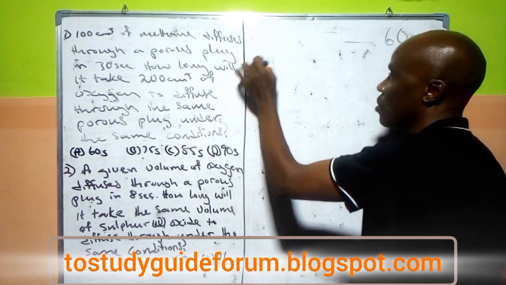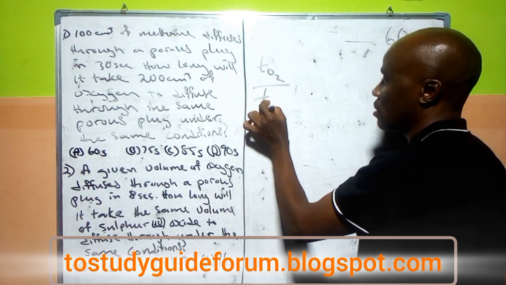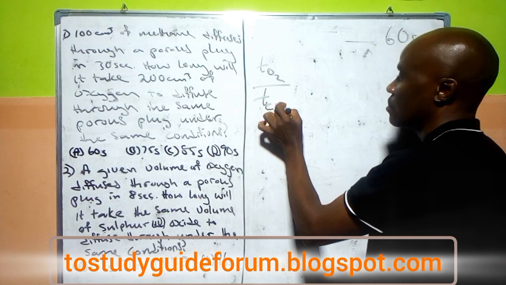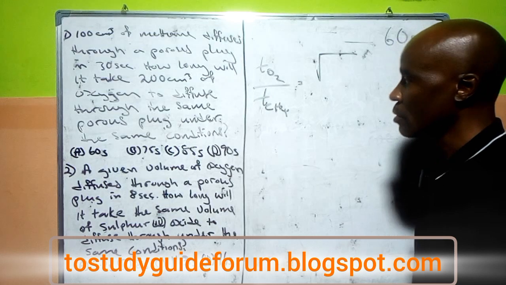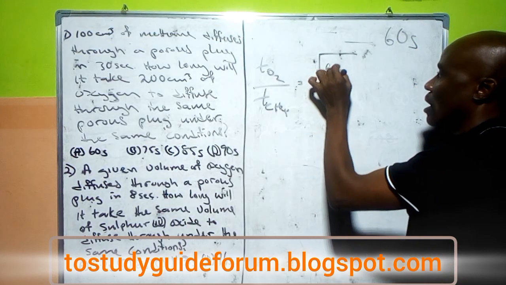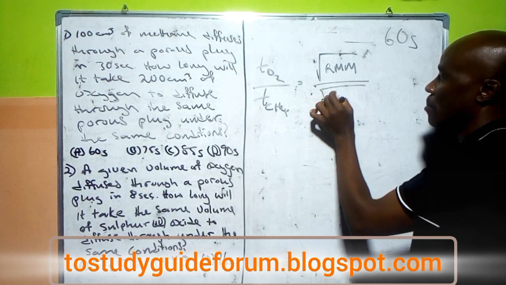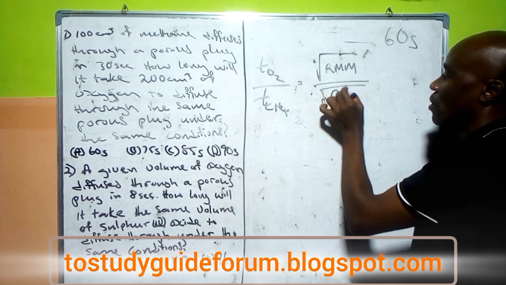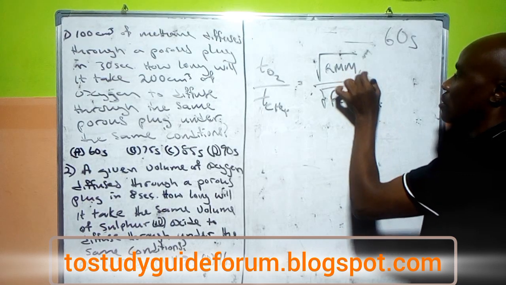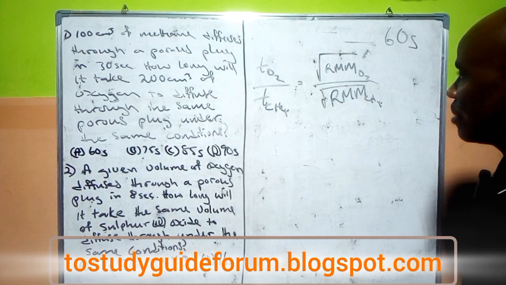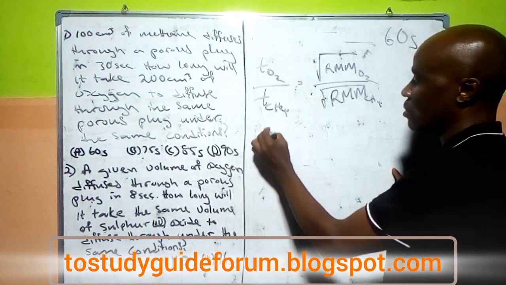This is the time for oxygen, and this is the time for methane, equal to the square root of the relative molecular mass of oxygen over the square root of the relative molecular mass of methane. Since they are directly proportional, we can substitute whatever we want. We're looking for the time for oxygen, and we don't know this one.